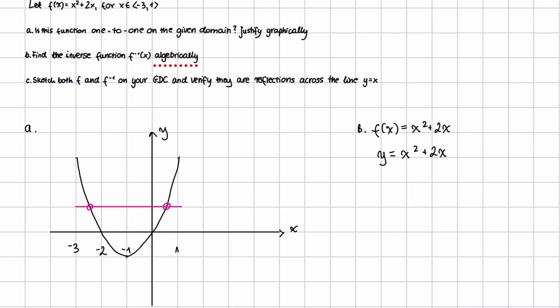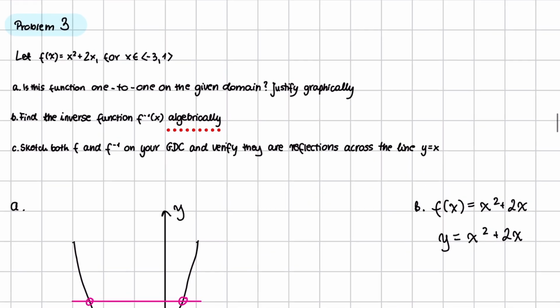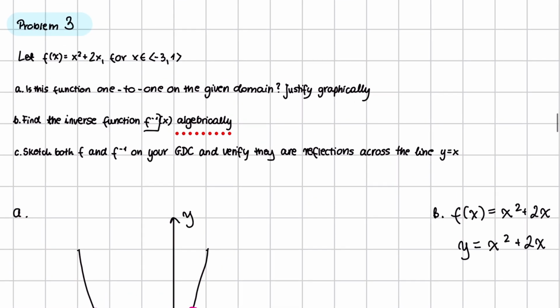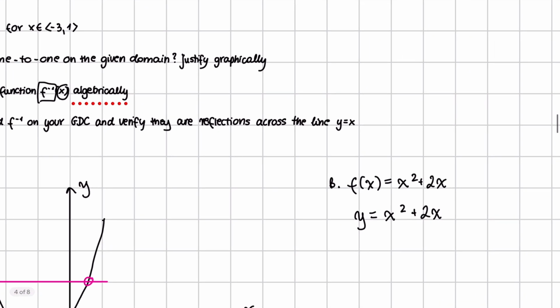So we can write it like this. And if we have an inverse function, this f to the power of minus 1 works like x, and this x works like f. So basically they are switched. So now we have to do the same in our function.